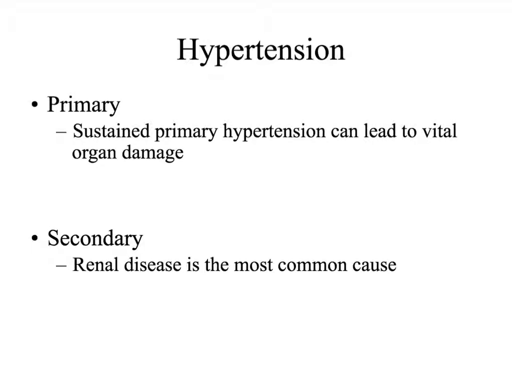From 45 to 54 years old, women have a slightly higher percentage of hypertension than men, which is an interesting factor. One other thing to understand is the prevalence of hypertension in African Americans in the United States is among the highest in the world. So culturally, African Americans tend to get high blood pressure, and that's usually a primary cause of high blood pressure.